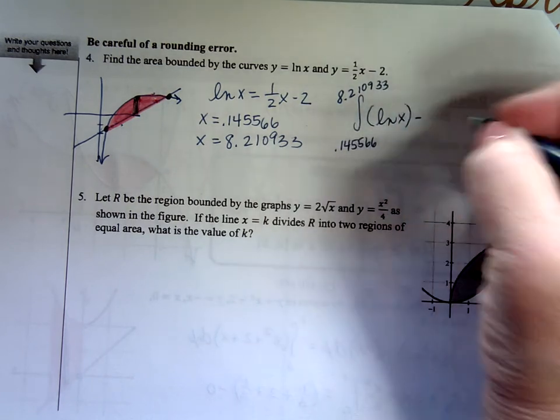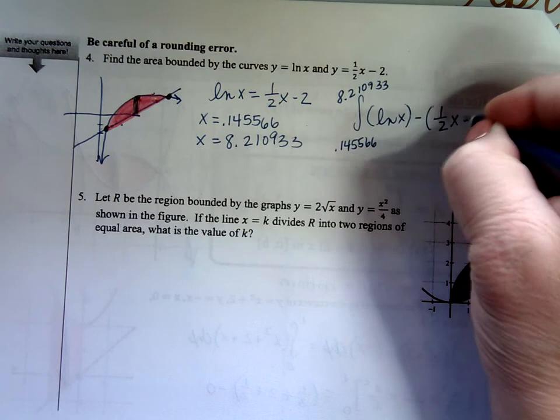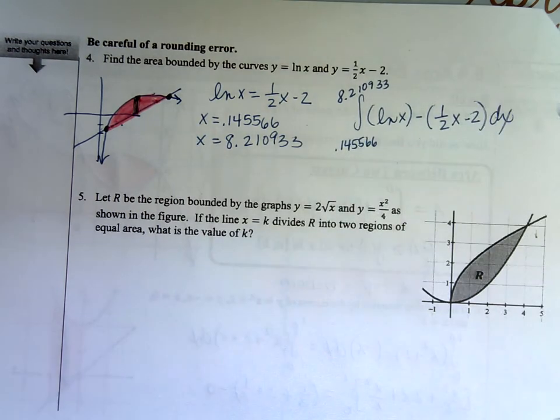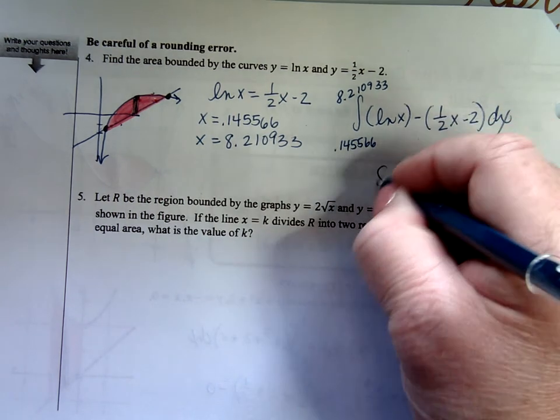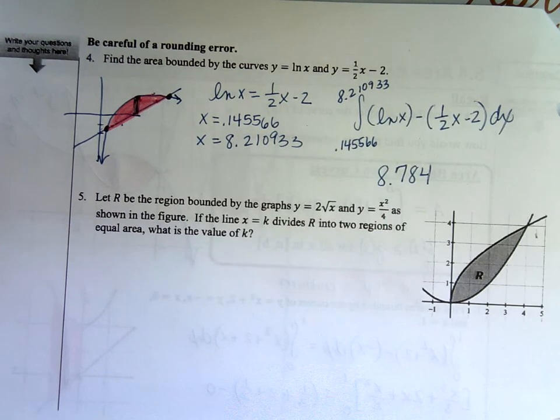And the bottom is my line 1/2 x minus 2. And so I go to my handy dandy calculator, I put it in the calculator, and out pops 8.784. That would be the area for that bounded region.